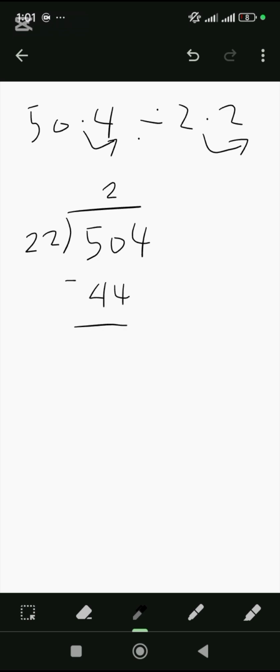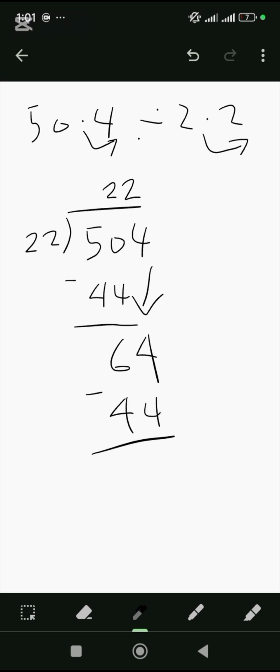You subtract, this will give you 6. You can bring down your 4. This will be 64. How many of 22s are in 64? That's another 2. Okay, and so when you multiply, you can still have 44. You subtract, this will give you 4 minus this is 0, and this is 20.